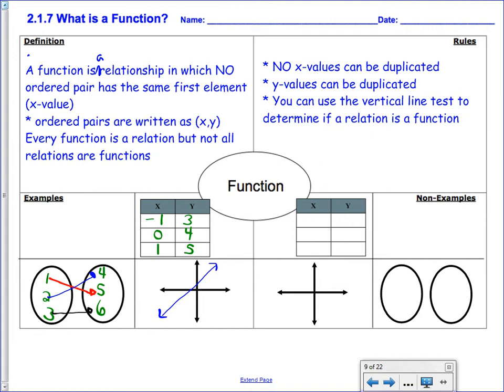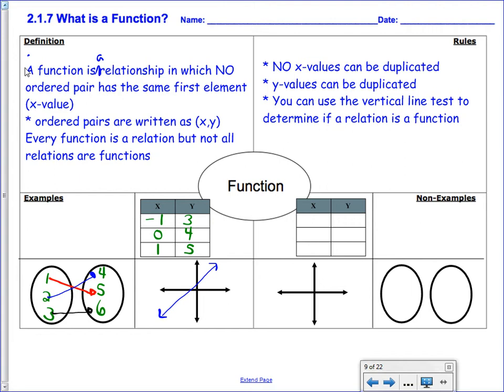Those are all examples of functions. I have one x value being mapped to a y value. I have one x value here that maps onto each unique y value, and here that passes the vertical line test for the graph.